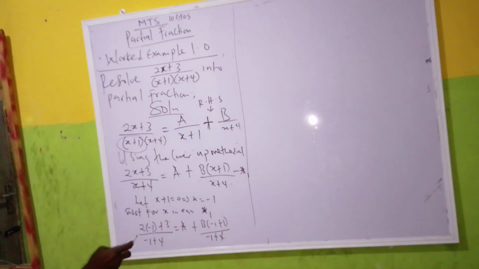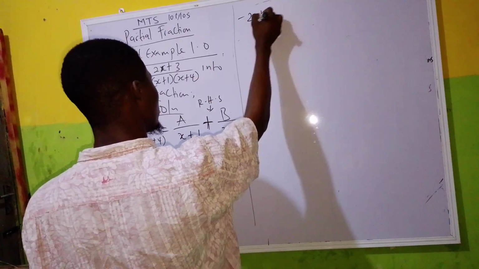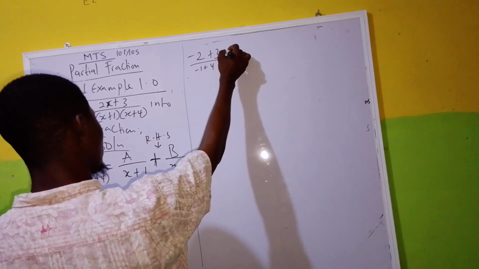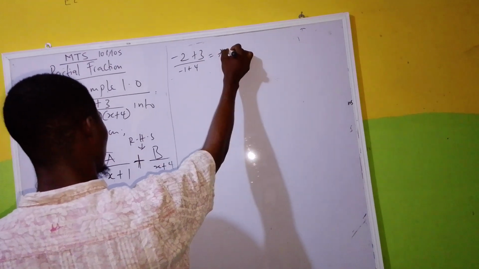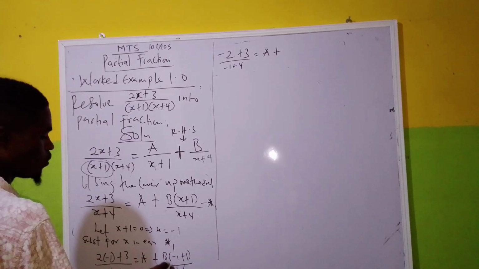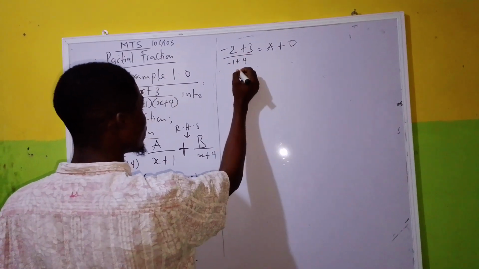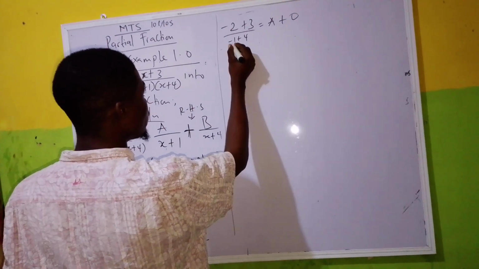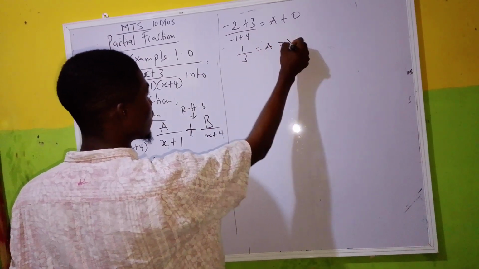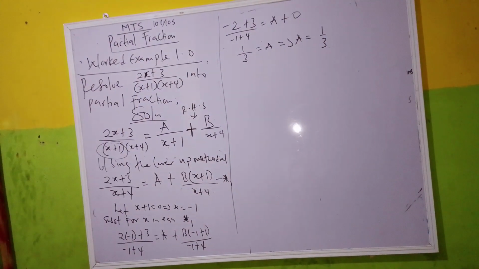So at the end of the day, you have minus 2 plus 3 over minus 1 plus 4 equals to a plus, minus 1 plus 1 is 0. 0 times b is 0. 0 by any number is 0. So this is 0. This one is what? 1 over minus 1 plus 4, which is 3. You are having 1 over 3 equals to a, which implies that a is equals to 1 over 3. You can see this one is so short.